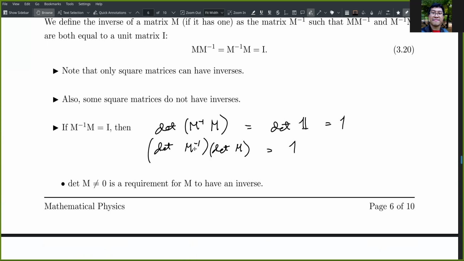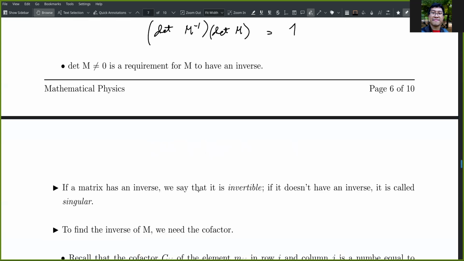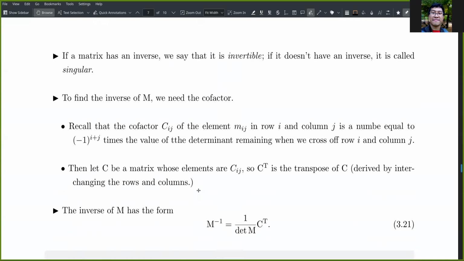We don't know the inverse, we're more interested in M. So the determinant of M should not be equal to 0 for M to have an inverse. If a matrix has an inverse, we say that it is invertible. If it doesn't have an inverse, it is called singular.